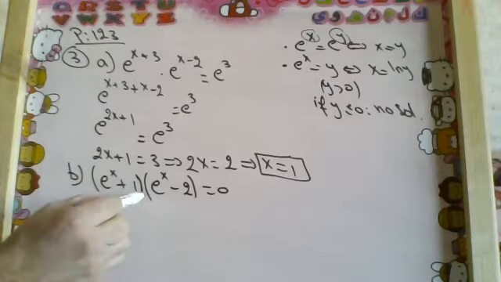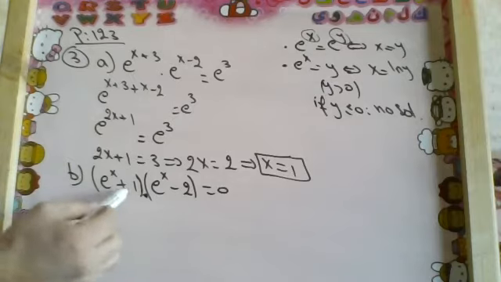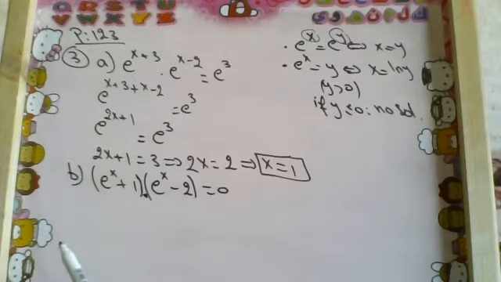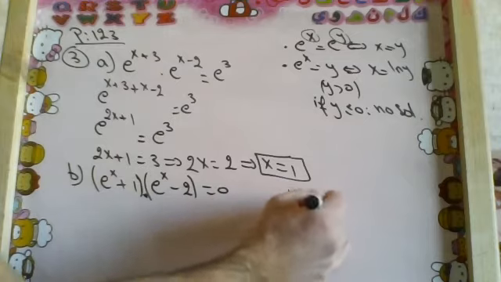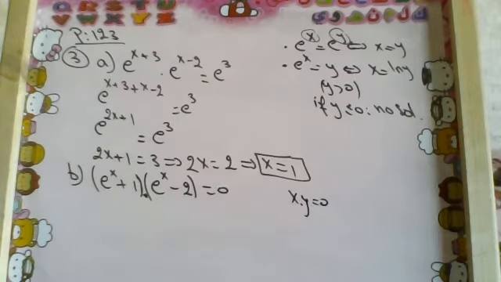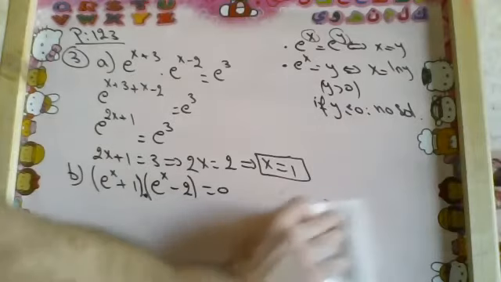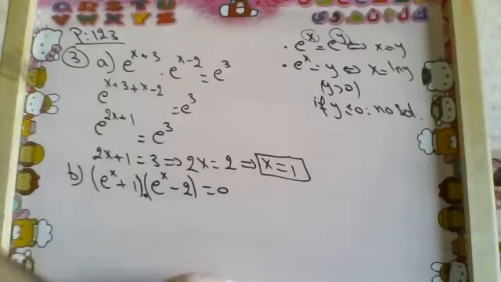Pay attention. Here you have a product of two factors equal to 0. In case you have x times y equals 0, it means one of them equals 0: the first one equal to 0 or the second one equal to 0. What you studied in grade 8. In grade 8 you solved equations using the zero product property.